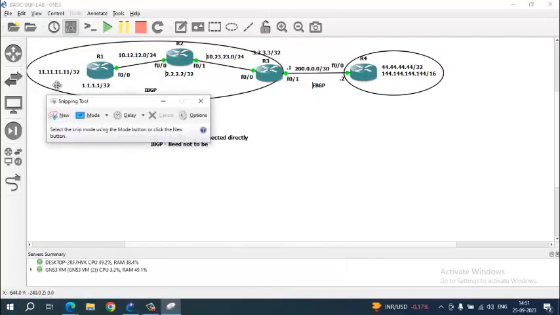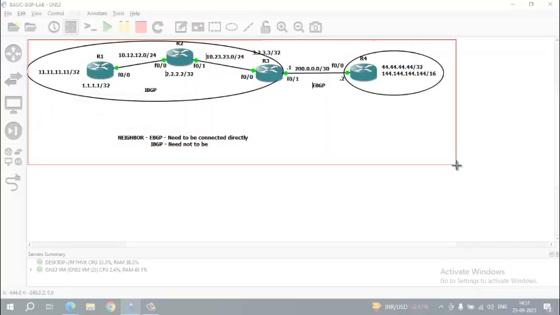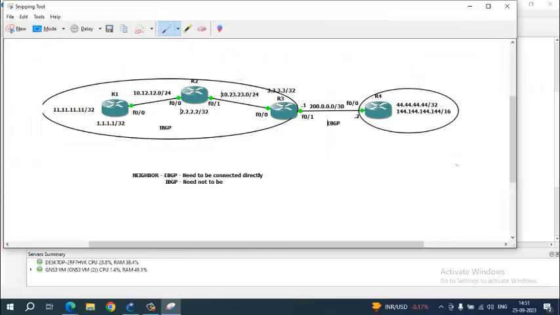This router 1 and router 3 can form a neighbor without having BGP on router 2. Yes. Router 1 and 3 can form a neighbor without us having BGP on router 2.